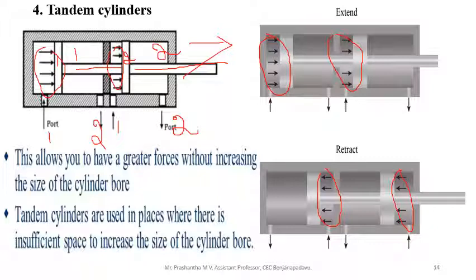Linear actuators are mainly used for straight line paths. Application is straight line paths. So here the classifications of linear actuators: first one is single acting, double acting, telescopic and tandem cylinders. Thank you.